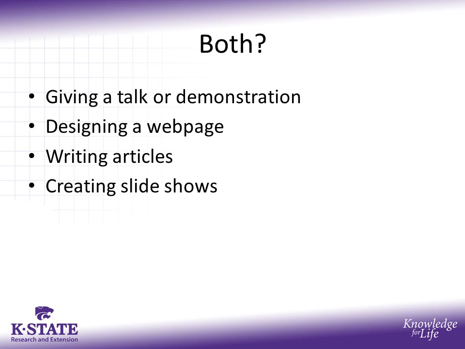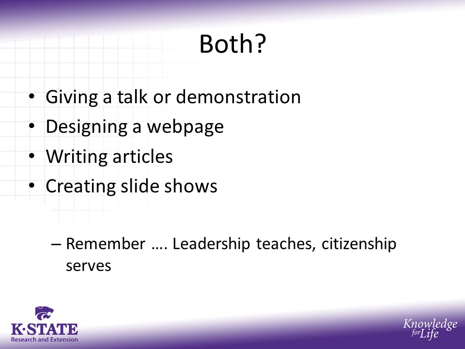Just be sure to mark both boxes when both apply. Be very careful with the definitions, however, because at an area or a state level, a judge might scrutinize in this area. Remember, leadership teaches, citizenship serves.